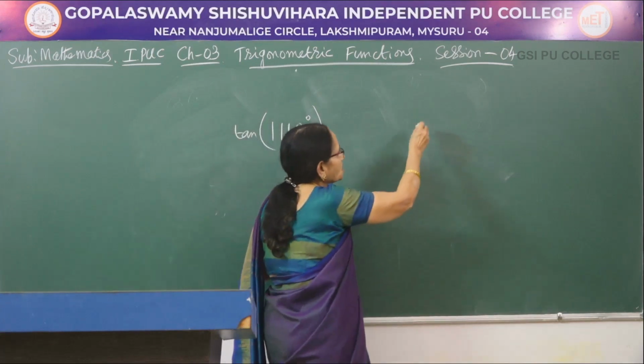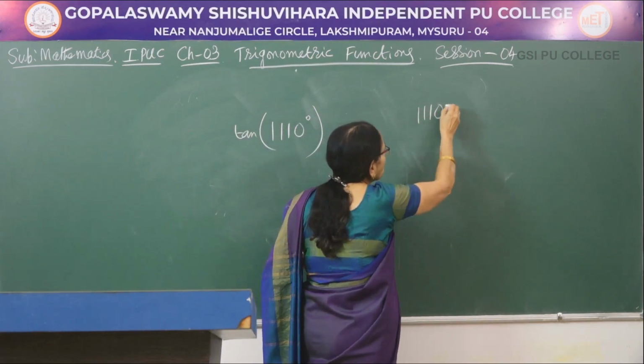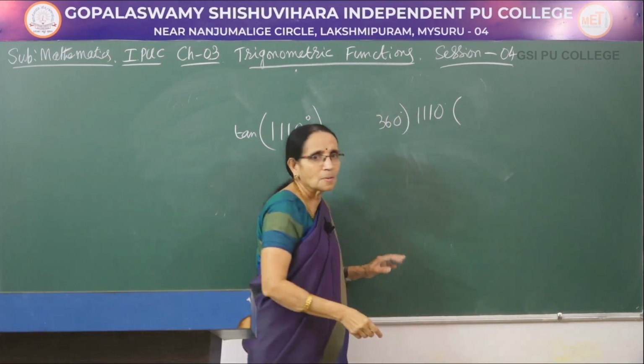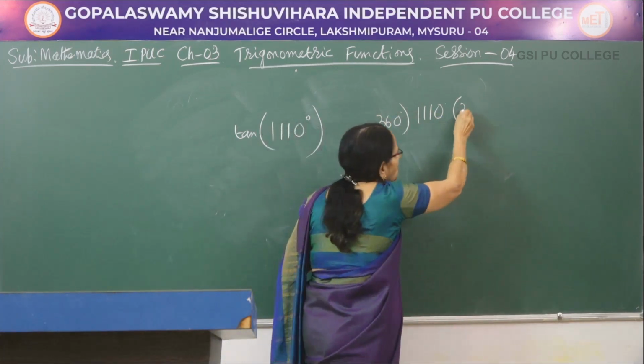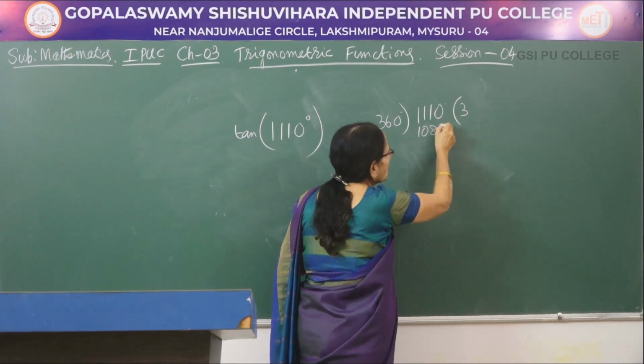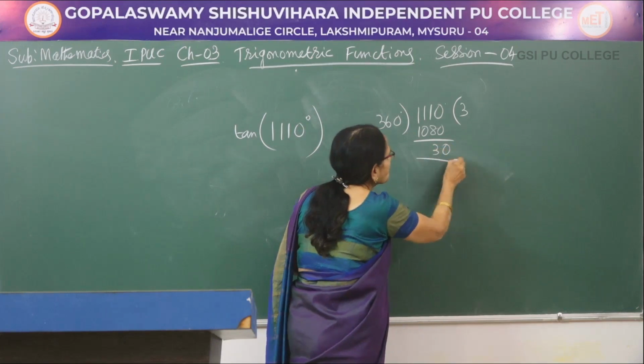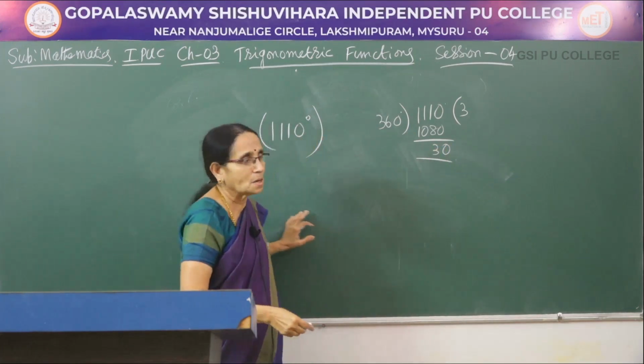So what I do in such cases is 1110 divided by 360. Now 3 times you can divide. It is 1080. Subtract, and you will get 30 degrees as a remainder.